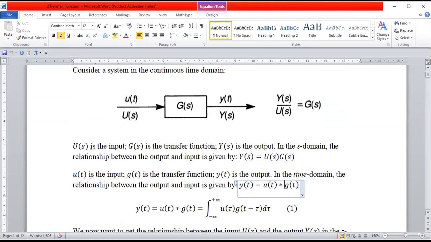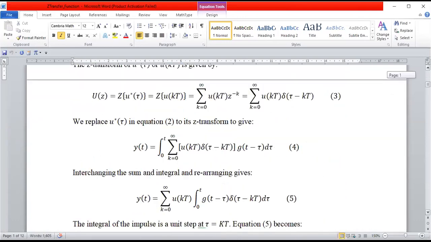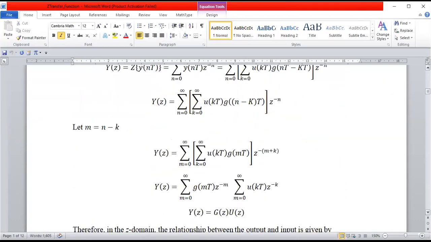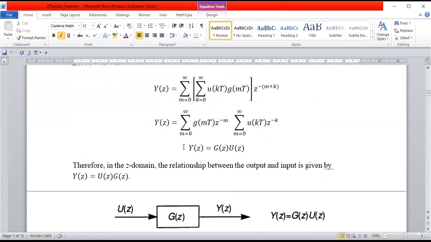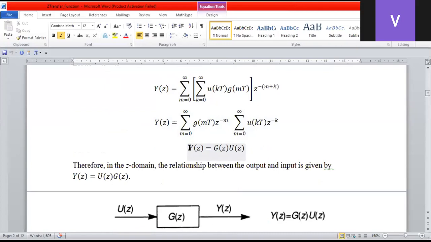So the proving I just went through, all these equations, is to prove the relationship in the Z domain.